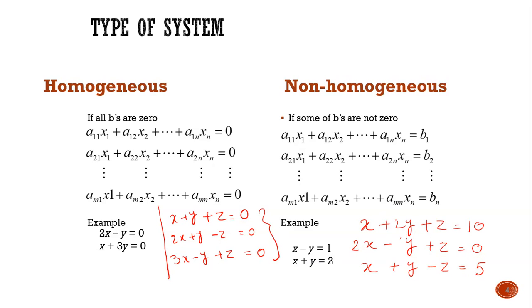This is a non-homogeneous system because here bi's are non-zero. Even if we take one of them as 0, it is still a non-homogeneous system because at least one bi is non-zero. So this is the difference between homogeneous and non-homogeneous systems of linear equations.